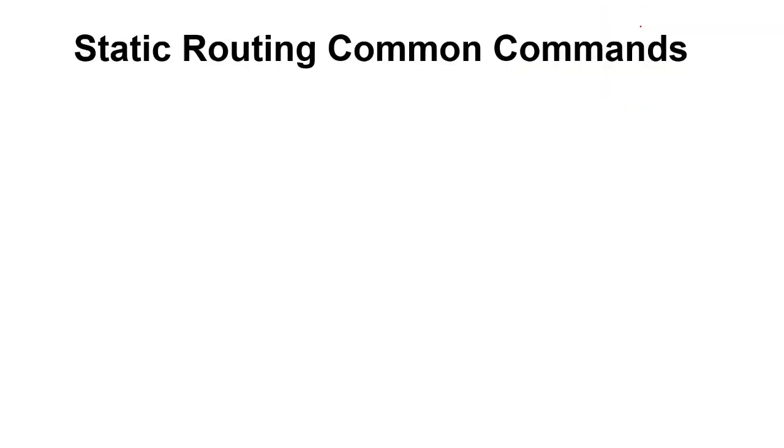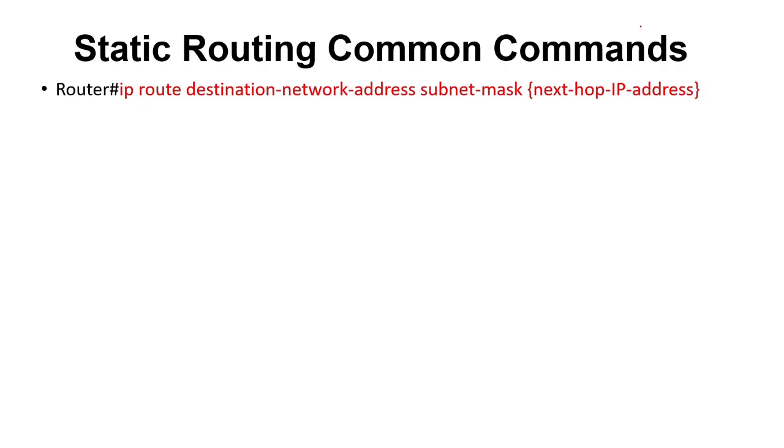When you want to configure static routing in a Cisco router, this is the command: ip route, the destination network address, subnet mask, and then the next hop IP address.